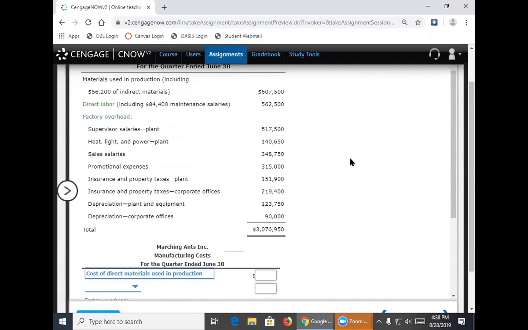Very good, 551,300. We got that by taking the full 607,500 and subtracting out the 56,200 indirect. So our direct materials should be 551,300. They had that wrong.